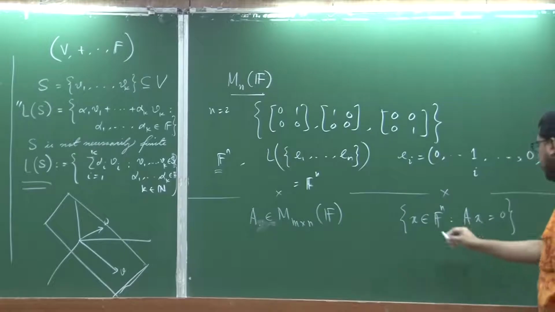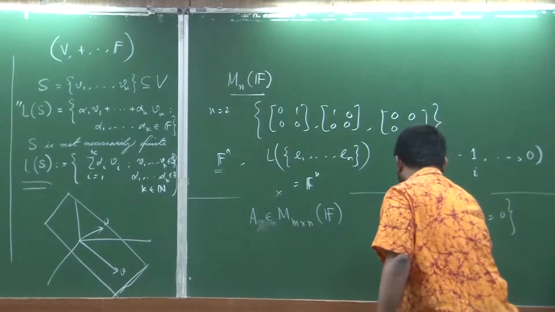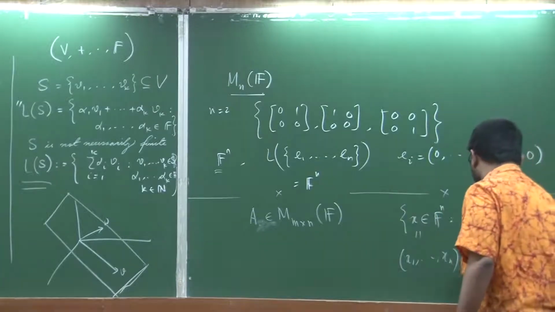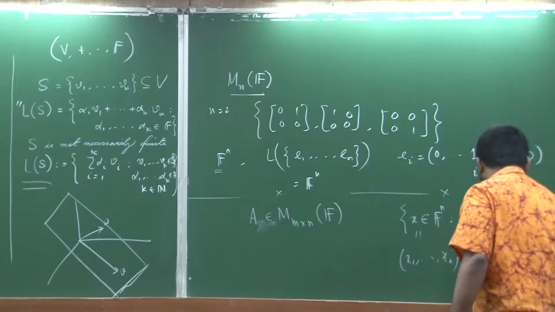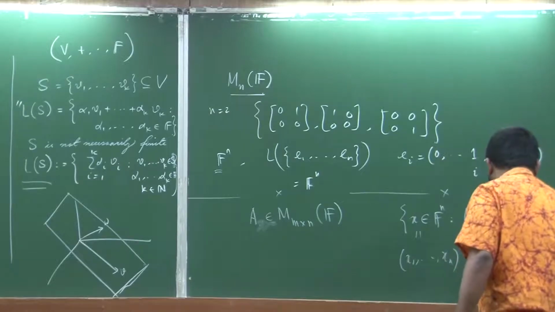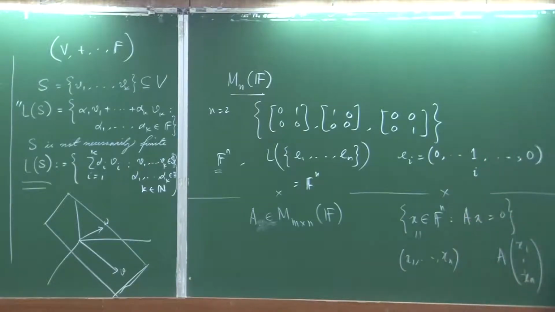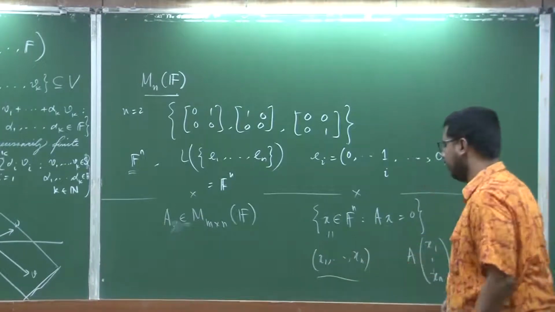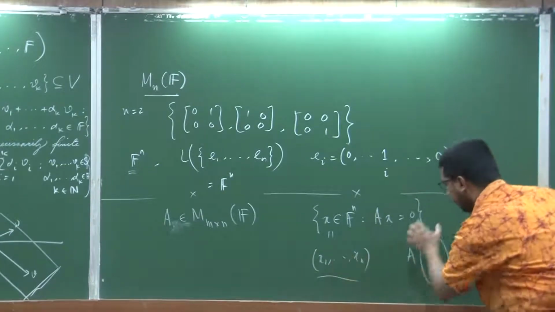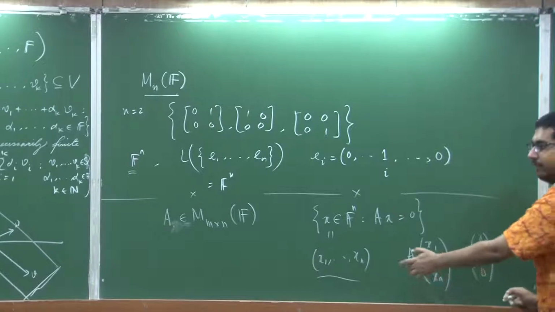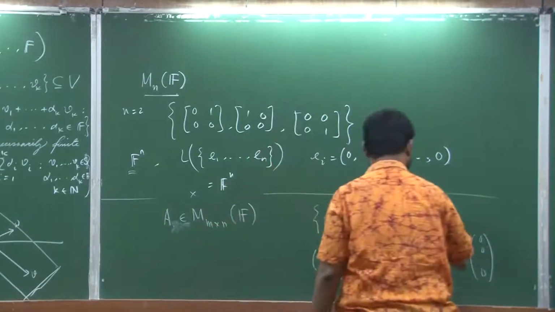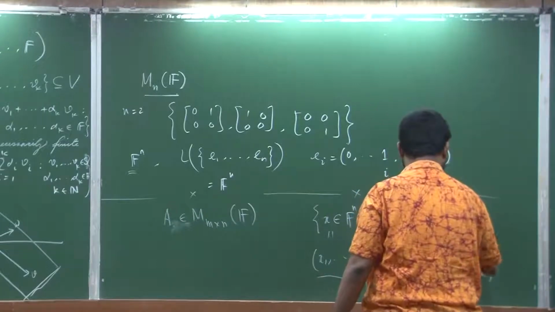Remember what this means: since x is regarded as a tuple, while writing Ax it is automatically assumed that I view the tuple as a column vector, and I am looking for all such tuples such that when we view the tuple as a column vector, multiplying it by A gives 0. So, this is a subspace of Fn, right.